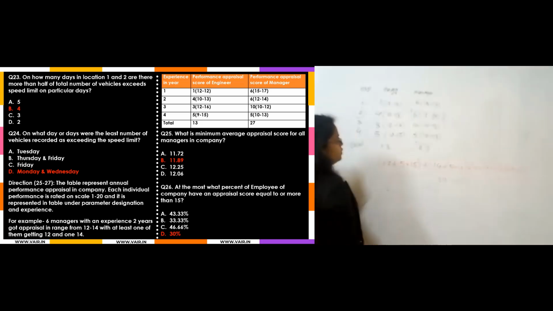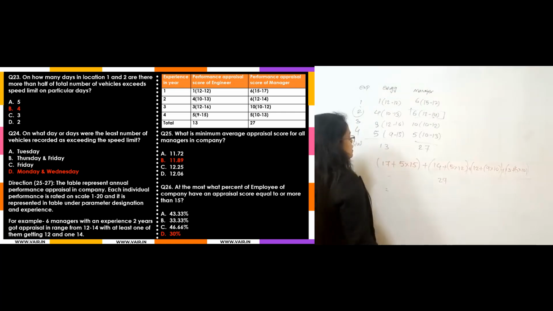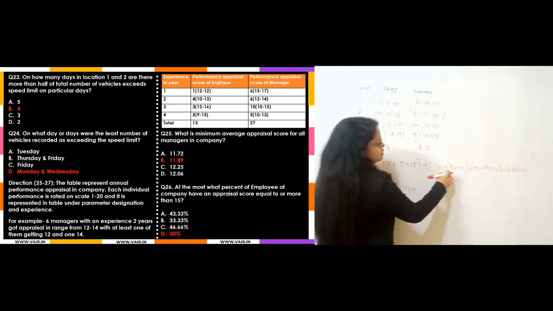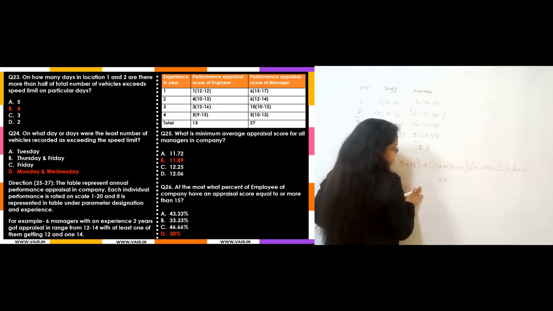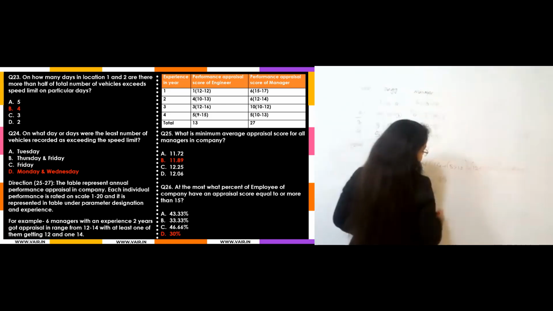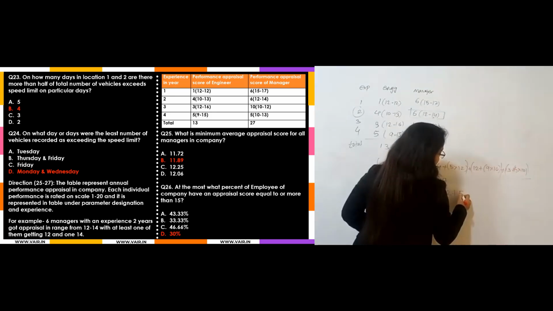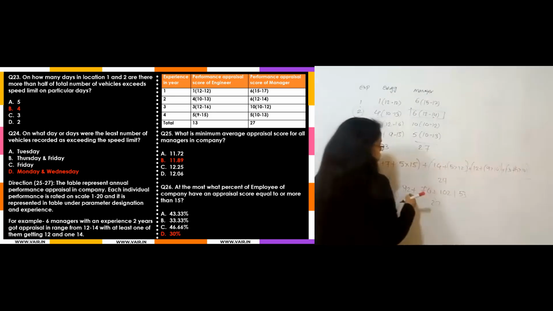So if you add, what will it be? 15 5s are 75. 75 plus 17 is 92, plus 12 5s are 60, 60 plus 14 is 74, plus 90, plus 12 is 102, plus 40 plus 13 is 53. Whole divided by 27.